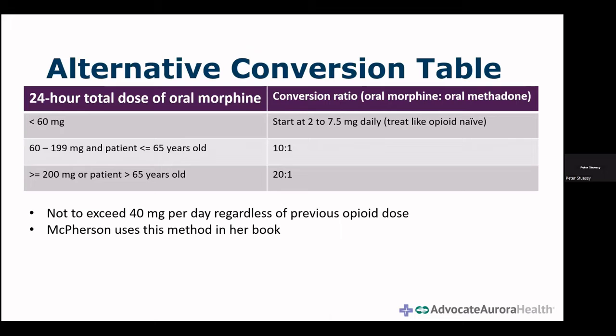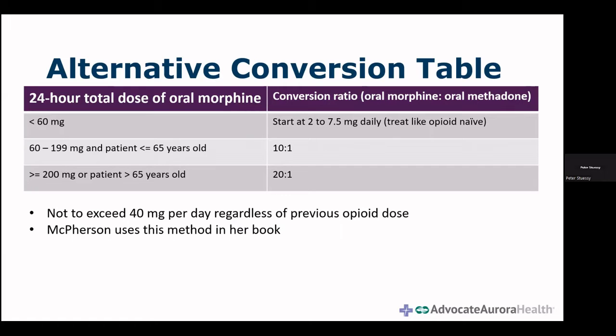McPherson, in her book, her recommendations here are definitely a lot more condensed. And she's far more conservative in her conversions. Instead of lots of different levels, she just goes with 10 to 1 and 20 to 1, depending on if you're less than 200 or greater than 200.